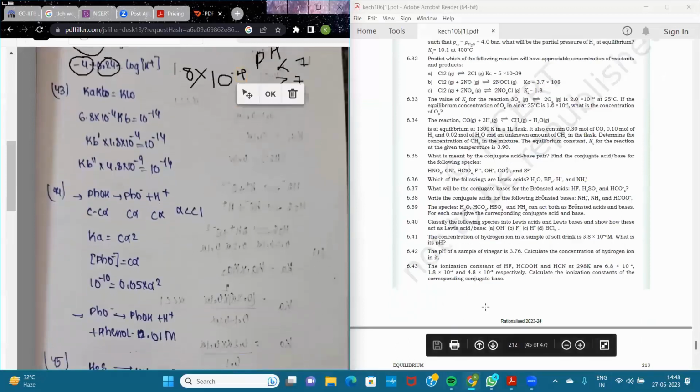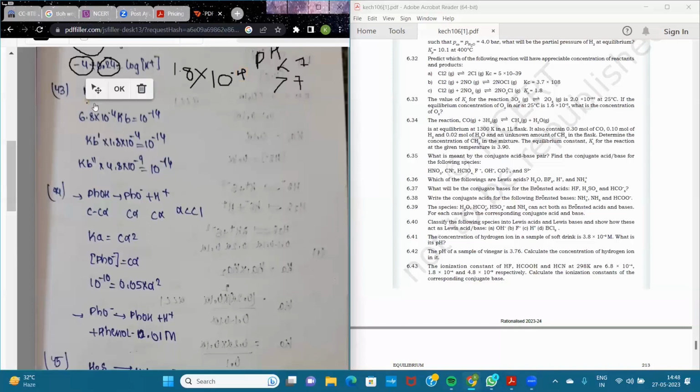43rd question, the ionization constants of HF, HCOOH and HCN at 298 Kelvin are 6.8 into 10 power minus 4, 1.8 into 10 power minus 4 and 4.8 into 10 power minus 9. HF, HCOOH as well as HCN, three acids were given. We need the ionization constants of the corresponding conjugate bases, that is F minus, HCOO minus as well as CN minus.